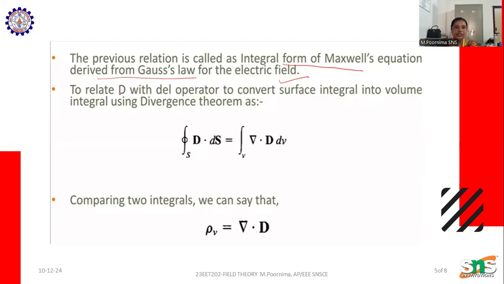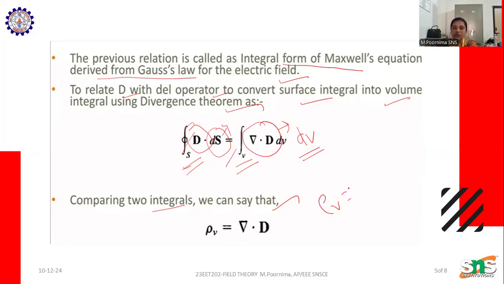To relate D with the del operator, we convert the surface integral into a volume integral using the divergence theorem. So the closed surface integral of flux density with respect to surface equals the volume integral of the divergence of D. Comparing the two integrals, we can say that rho v is equal to the divergence of flux density D.